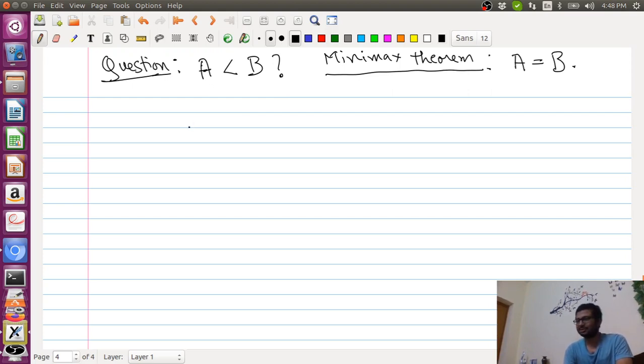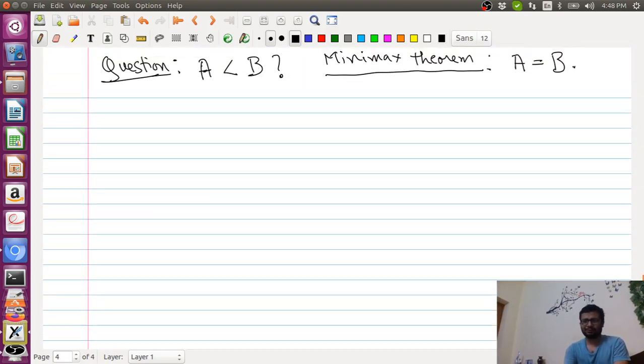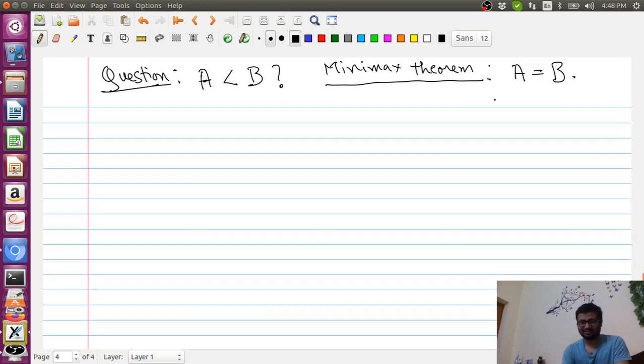So John Nash showed that any finite game has a Nash equilibrium, maybe a mixed strategy Nash equilibrium, and Minimax theorem implies that for two-player games where the total payoff of the two players for every pair of strategies is 0, Nash's theorem is true. And so the original proof of von Neumann is certainly different from the one that we are going to see here.